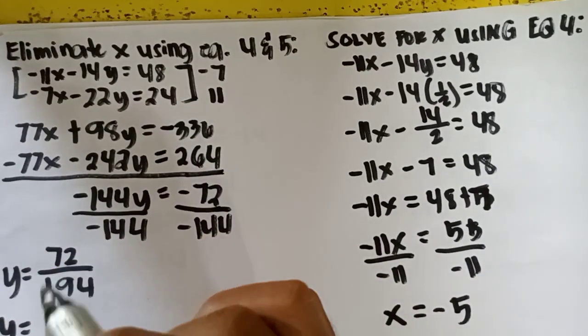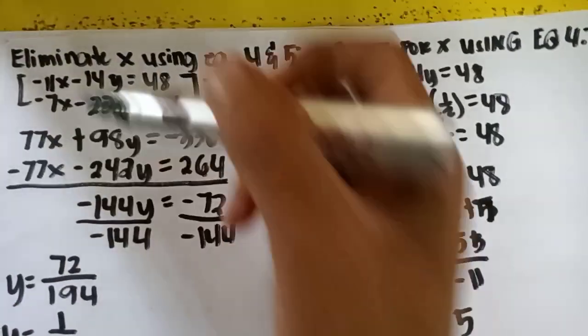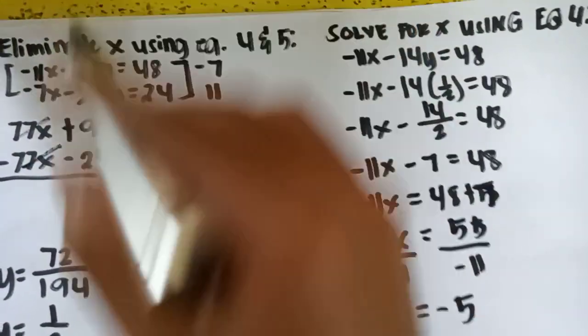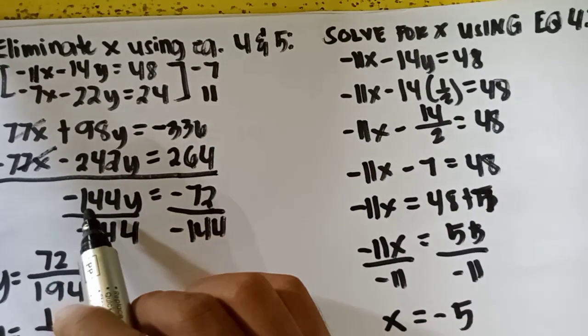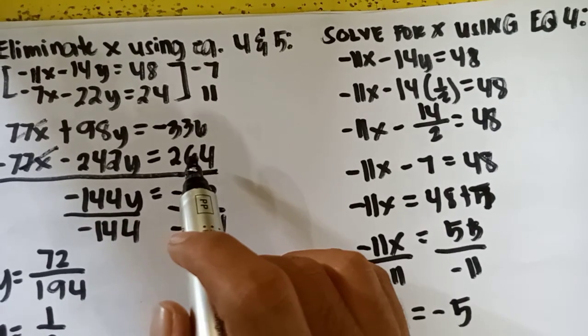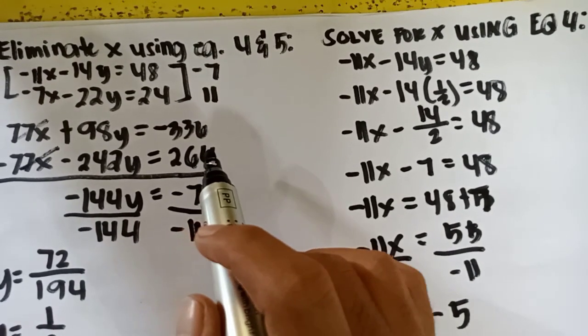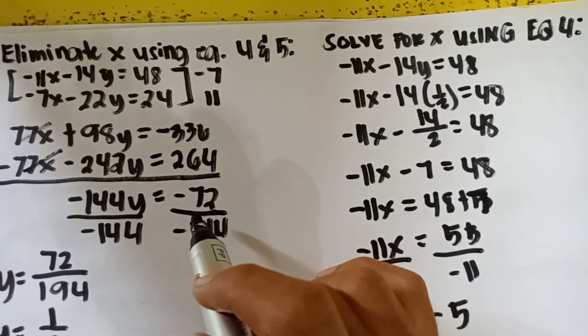We will add these two equations, which will give us, cancel this one, 98y minus 242y will give us negative 144y. Negative 336 plus 264 will give us negative 72.